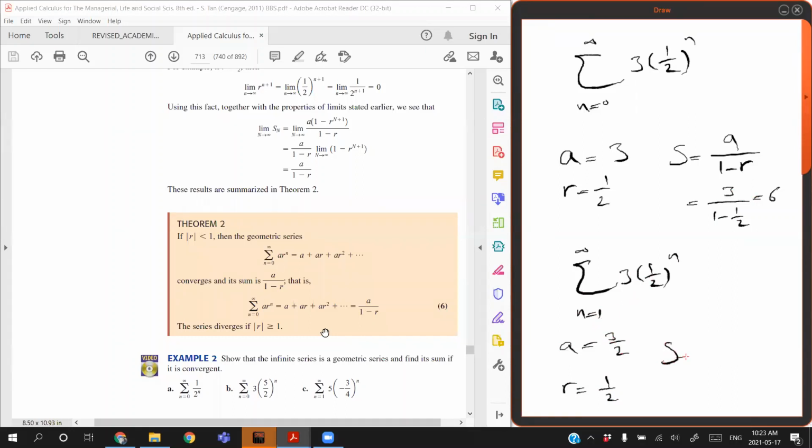So in that case, the sum would be equal to 3 over 2 over 1 minus 1 over 2. It would be 3. Make sense? As long as you recognize that this is a geometric series, you just need to find a by plugging in the first number into the general term, and r is always obvious.